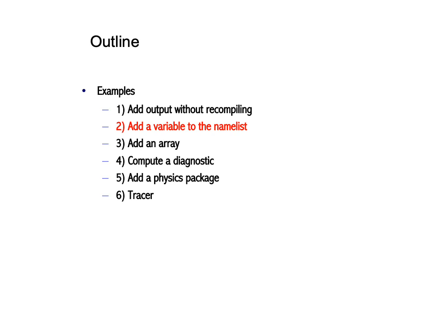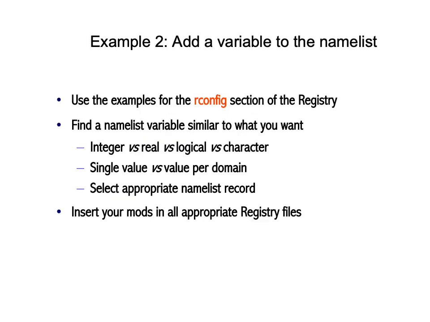So example number 2, rconfig, how do we add a variable to the namelist? For us to add a variable to the namelist, the keyword is going to be rconfig. The easiest way for us to do this is to look at the existing namelist values that are in the namelist record similar to what we would like to have.